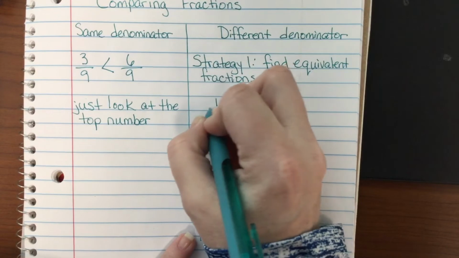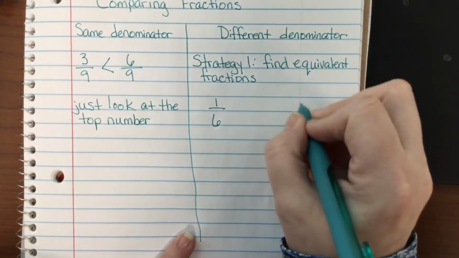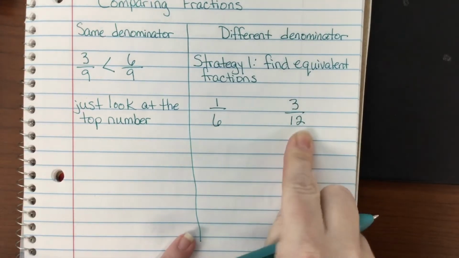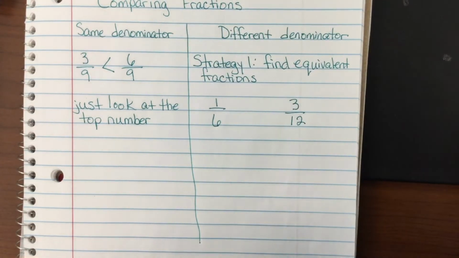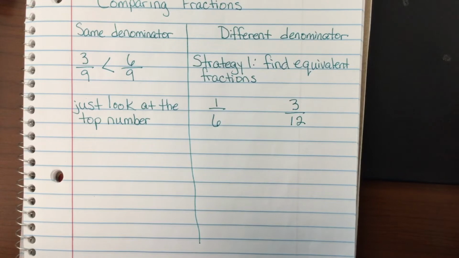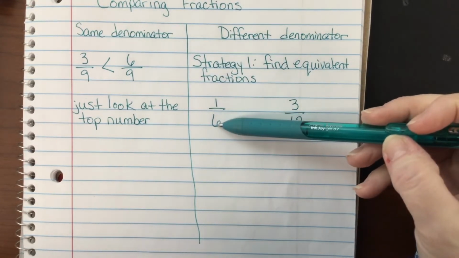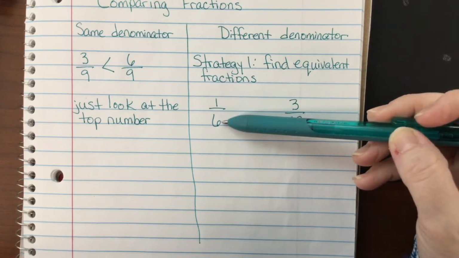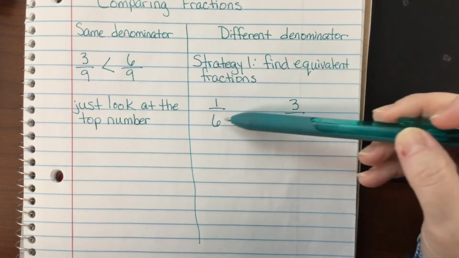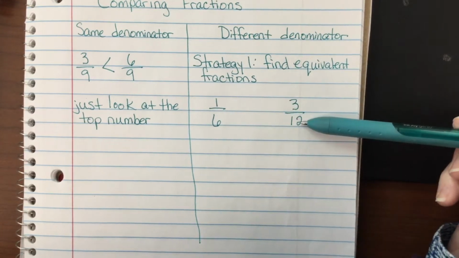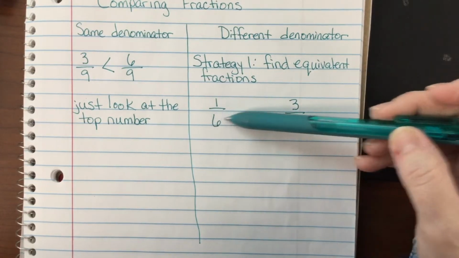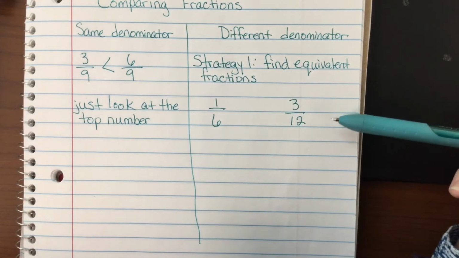Okay, let's say I have 1/6 and I'm comparing it with 3/12. And I left a lot of space here because I have to find equivalent fractions. So I'm looking at my denominators. And I want these two numbers to be the same. Now I can't just magically change them to be the same number. I have to do something mathematically.